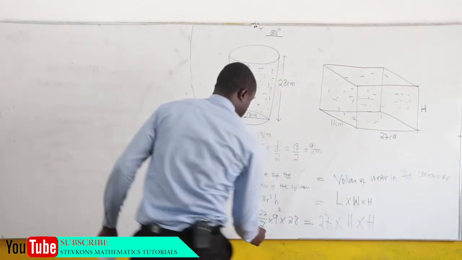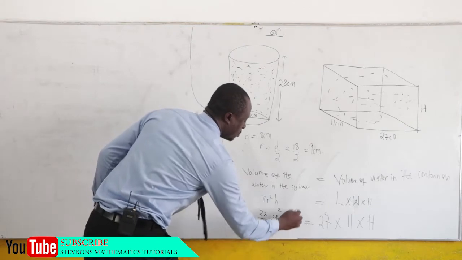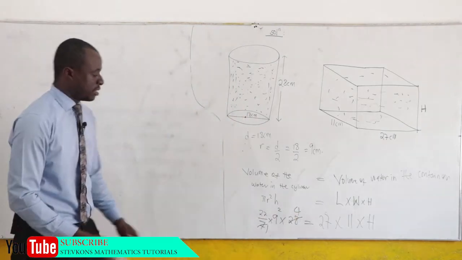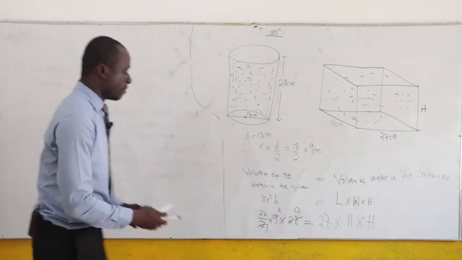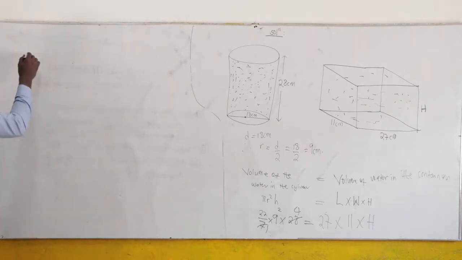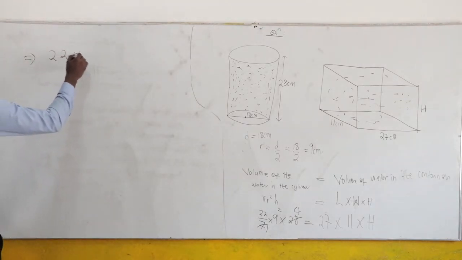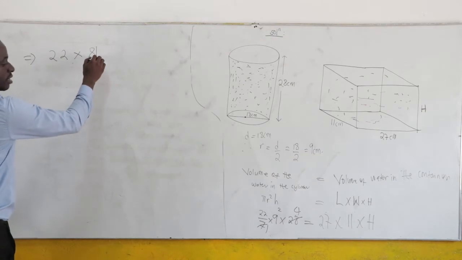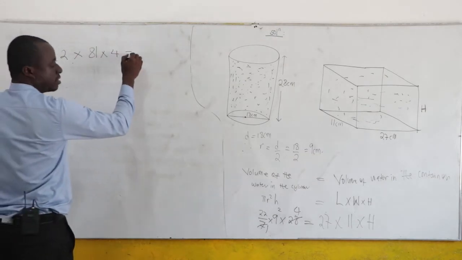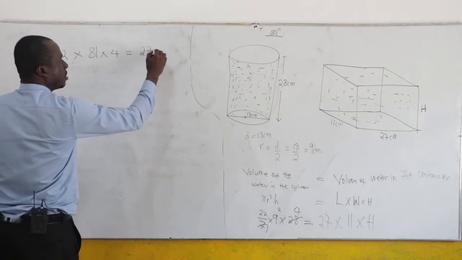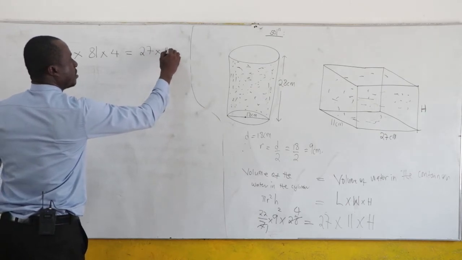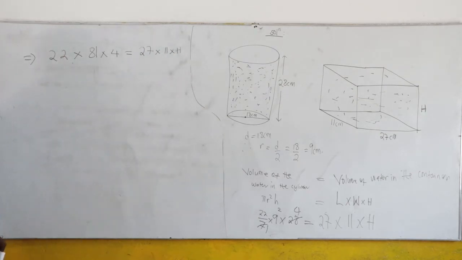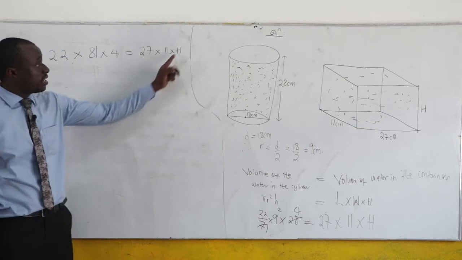Now let's see, 7 will go into 28, that is 4 times. Now what is 9 square? 9 square is 81. So we have 22 times 81 times 4, and this is equal to 27 times 11 times our height. Now we want to find h.